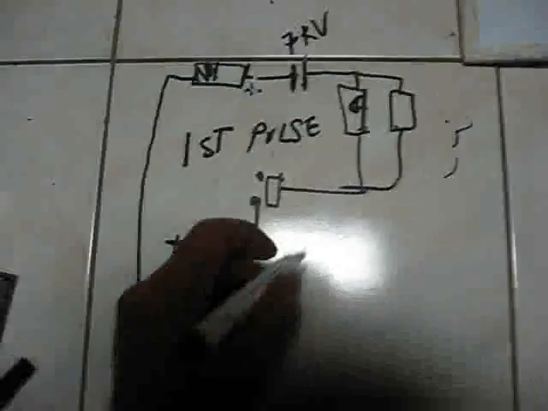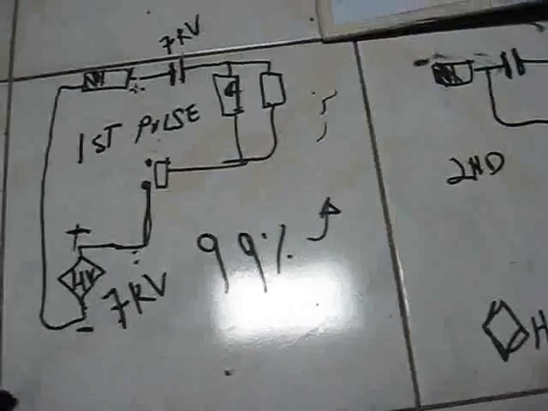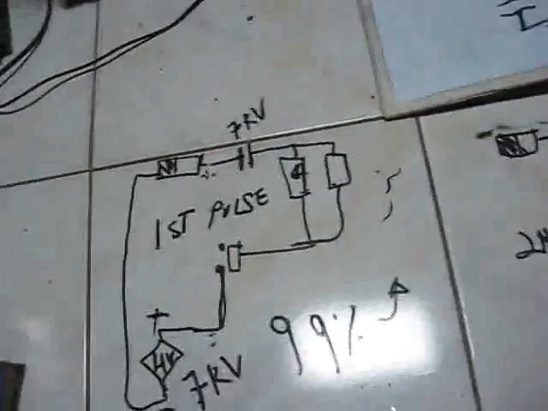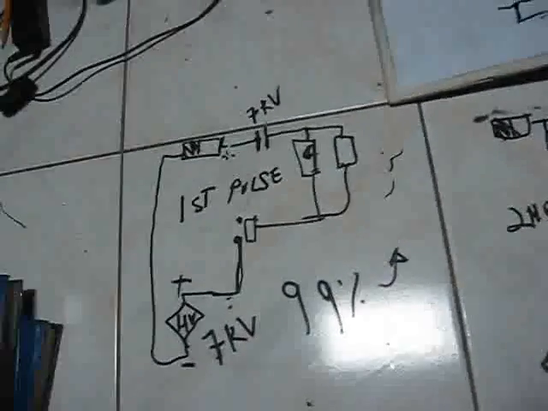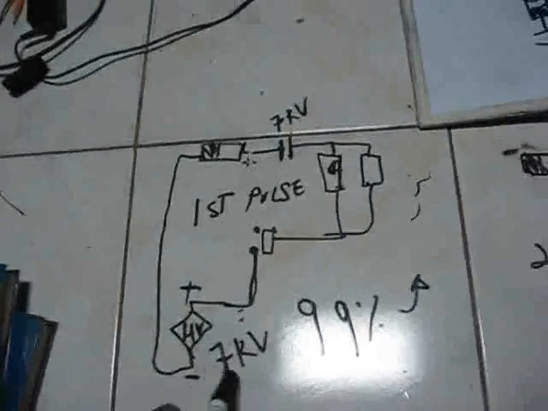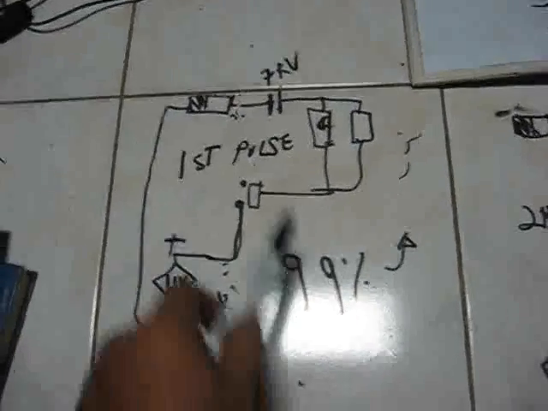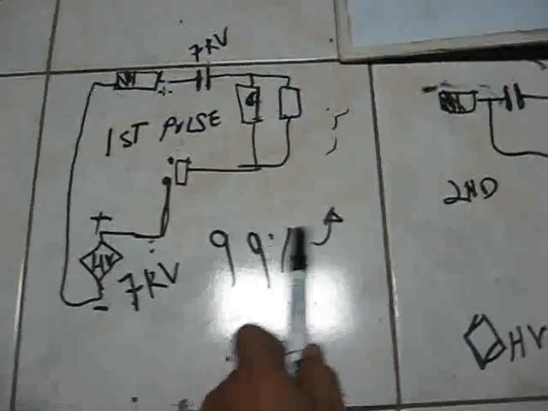To get the highest efficiency, let's say 99% or above, you need the right angle of the coil. There is the rotor here, to make sure you can harness the 7,000 volts, because you can go more than 100% if you have the right angle. That's why I said 99% and above.